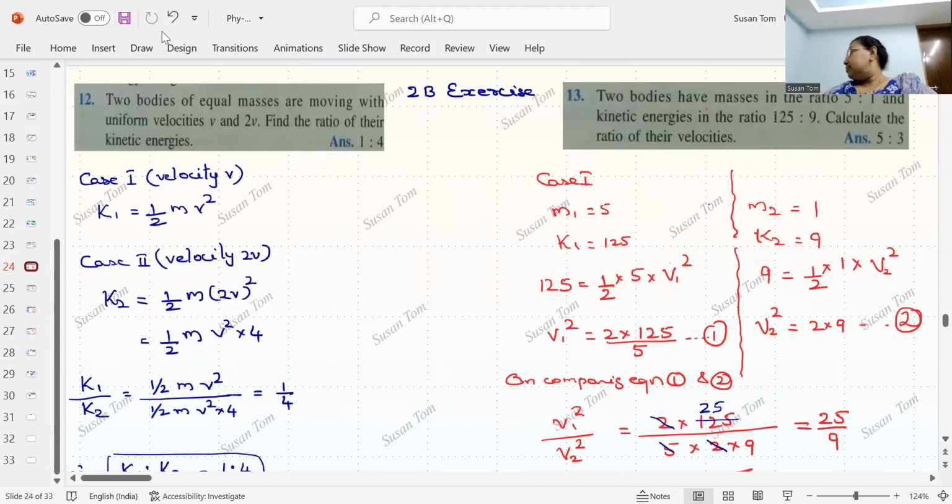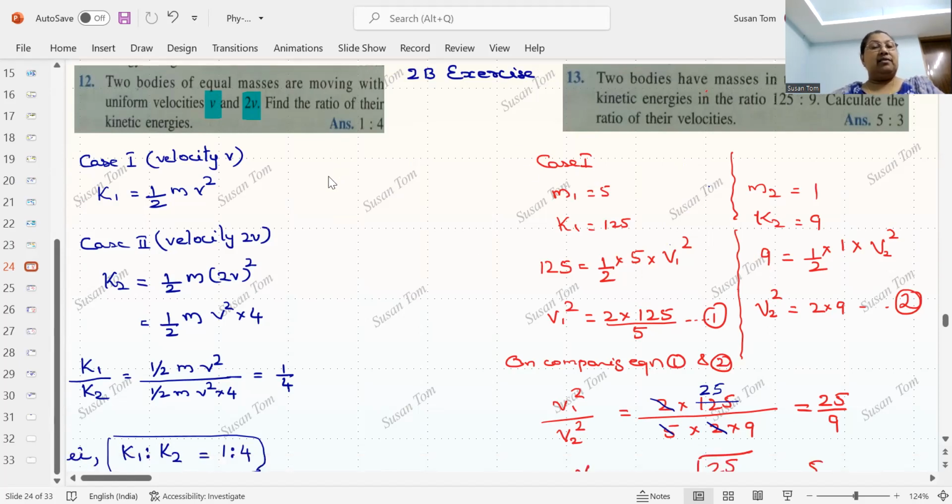Question 12. Okay. 2 bodies of equal masses are moving with uniform velocity v and 2v. Find the ratio of their kinetic energies. Same way, the velocities are different, so accordingly solve. Case 1, when velocity is v, kinetic energy is half mv square.